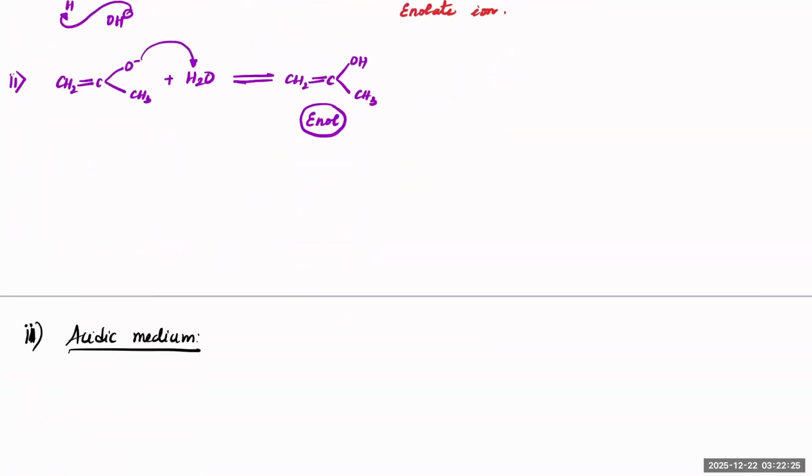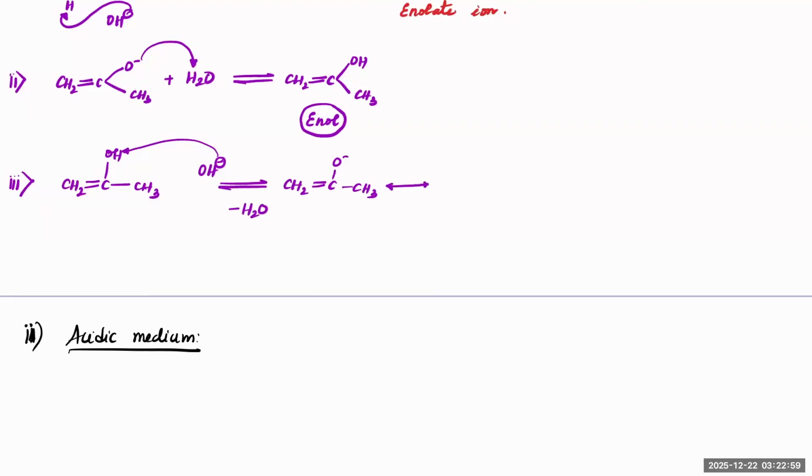The converse should also be true now. That means if you start with enol, we should be able to end up at ketone. So CH2 double bond C, OH and CH3 is present. Now when you treat with OH minus, this OH minus can extract this H plus and make it CH2 double bond C O minus and CH3, minus H2O because it has lost in H2O form.